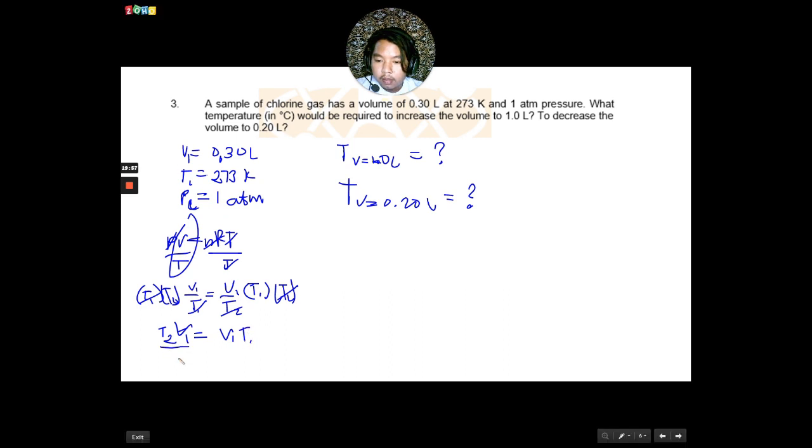To isolate T2, I'll divide both sides by V1, cancel, cancel, and T2 is equal to V2 T1 over V1.